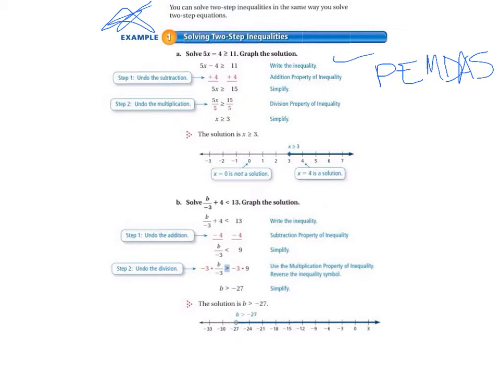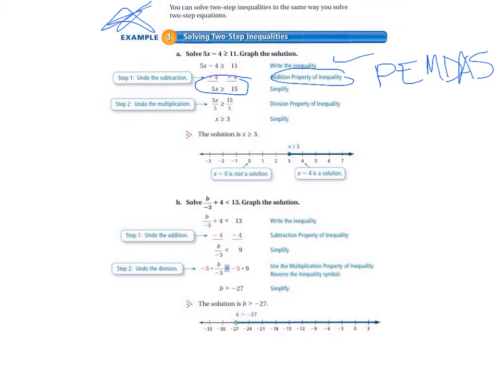Then we first undo the subtraction using addition property of inequality. So we add 4 to both sides, and that leaves us with 5x on the left and 15 on the right, and we still have our greater than or equal to sign in the middle. So we have 5x is greater than or equal to 15.